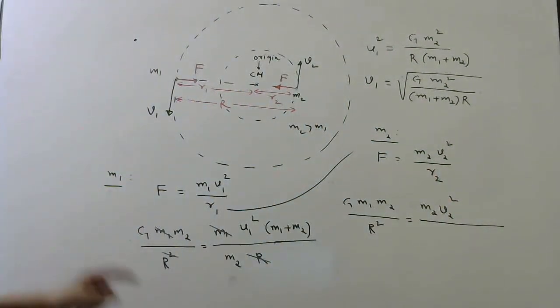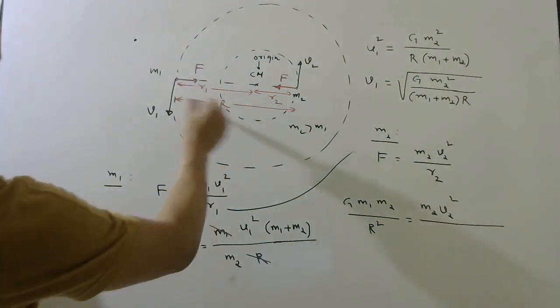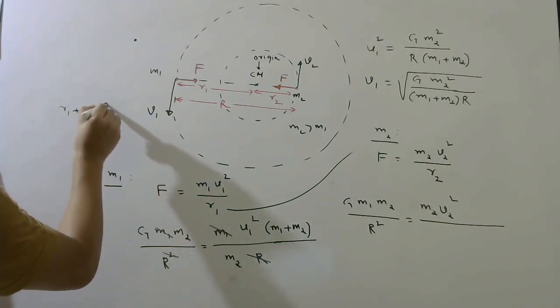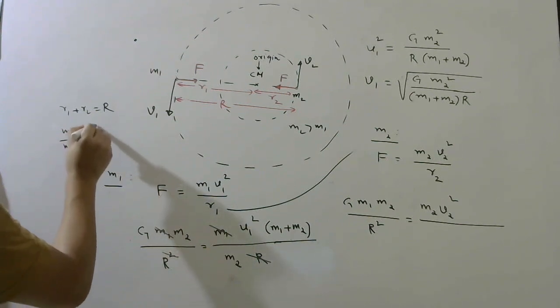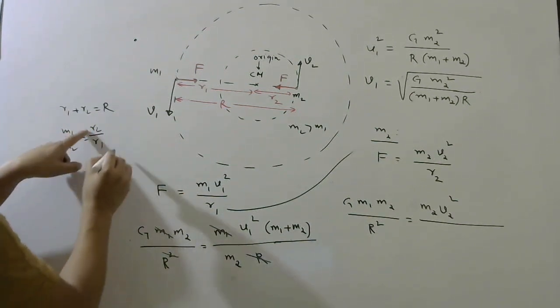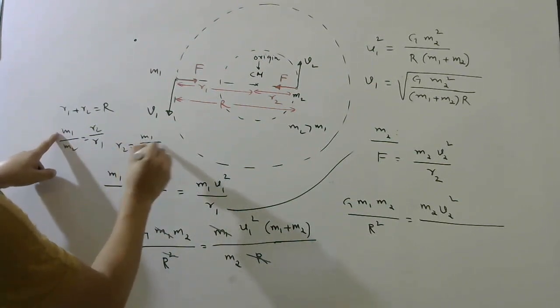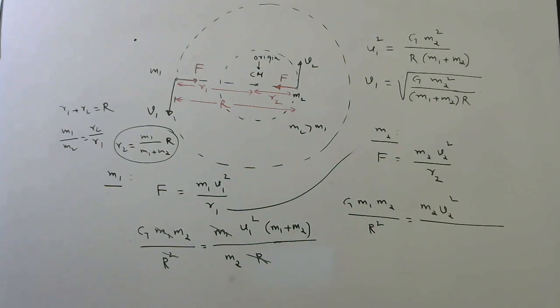Now what was r2? I have derived it before. Let me just remind you, r1 plus r2 is capital R, and m1 by m2 is r2 by r1. So r2 will be m1 by m1 plus m2 times R, right?